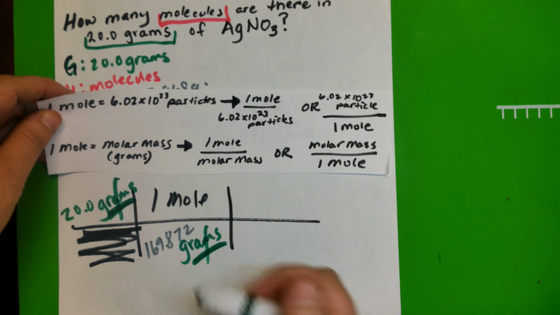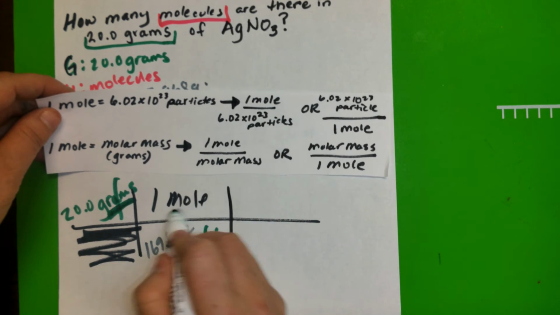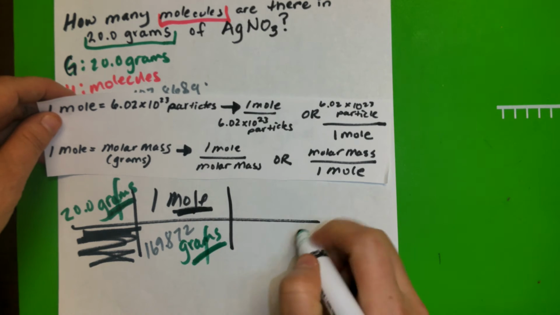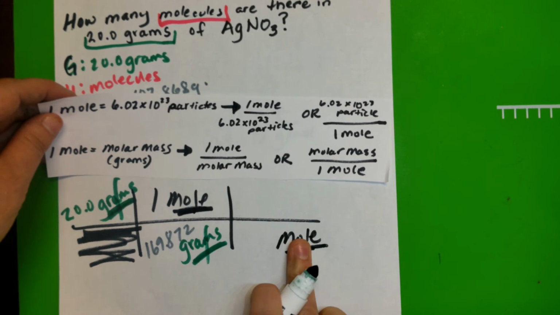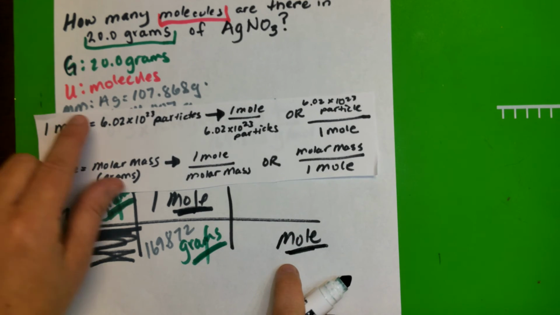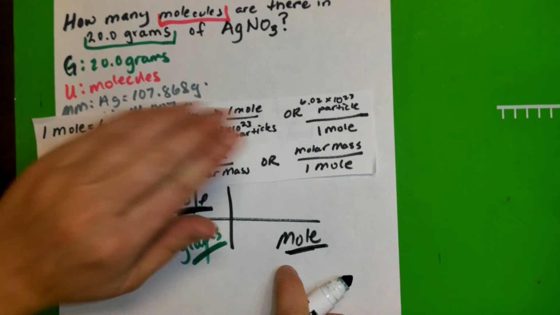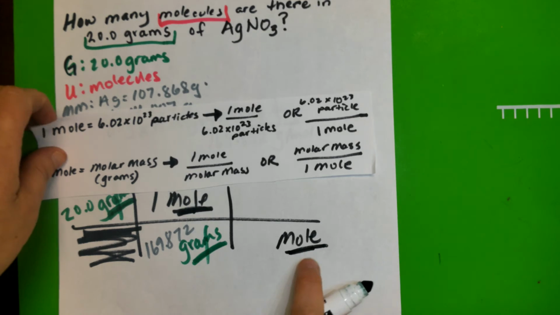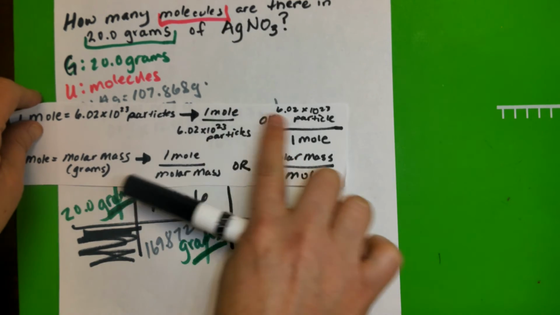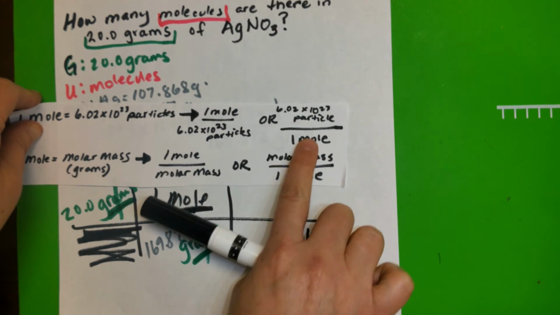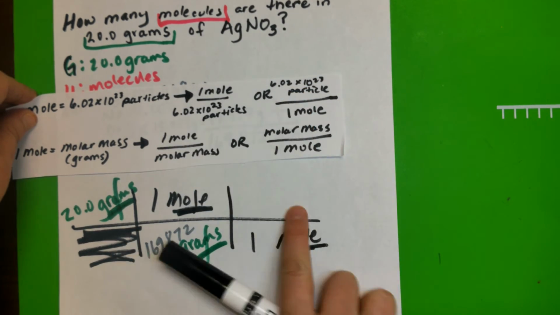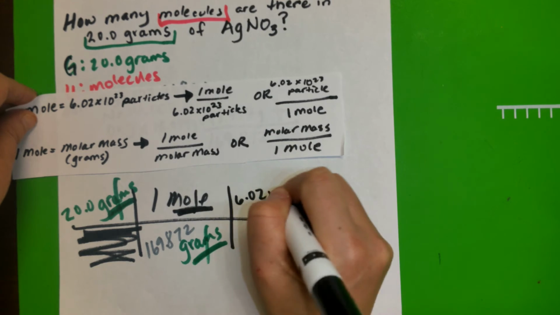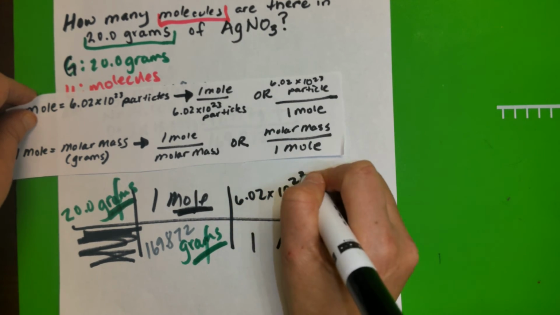Now this one is right here, 1 mole. If this is mole, that means this is mole. Because we already used this one, now we need this one. Mole is on the bottom. Which of these two has mole on the bottom? It's this one. So it will be 1 mole, and then the top has 6.02 times 10 to the 23rd.